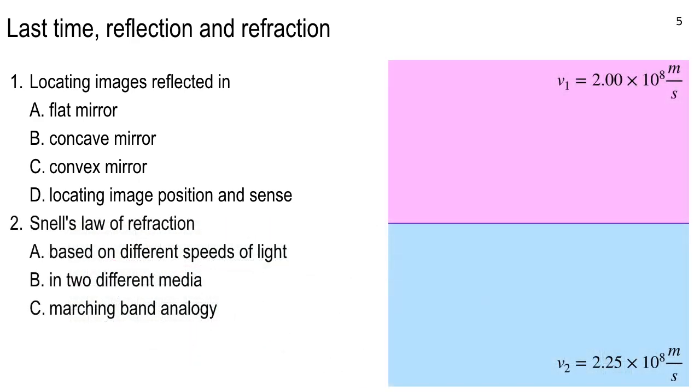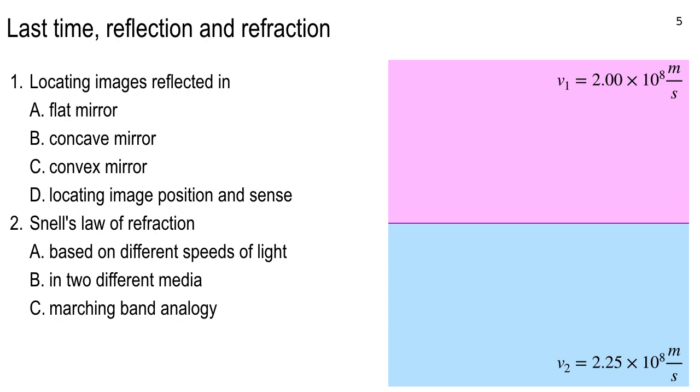All right, now what I want to talk about today is total internal reflection, which involves refraction. Now here's just a few blurbs of what we were talking about last time about refraction. Snell's law of refraction is based on the fact that different media have different speeds of light.